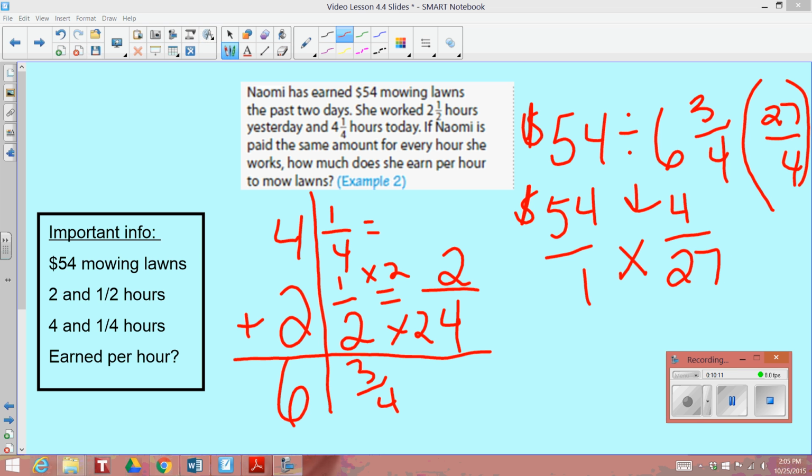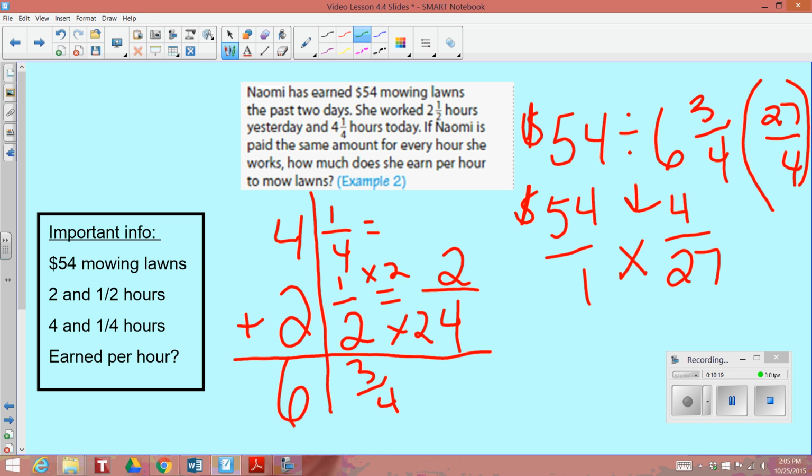When I look at 54 times 4 over 27, I see a perfect opportunity to use cross cancellation. I can see that 54 and 27 have a common factor of 9. So I'm going to divide each one by 9. 54 divided by 9 is 6, and 27 divided by 9 is 3.